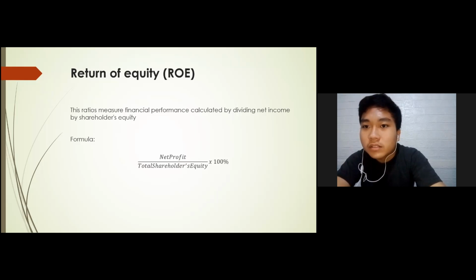Total shareholders' equity is equal to a company's total assets minus its total liabilities. Okay, next.